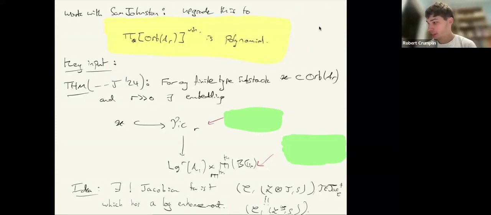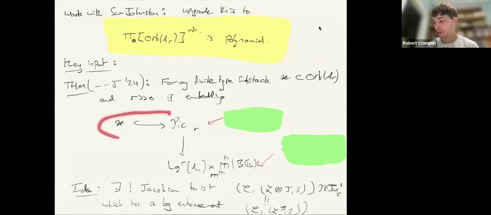But one of the key inputs to this is that this moduli space we're interested in, think of X here as the space of maps we're trying to understand, actually embeds into something which looks smooth. So in a way we can describe it by explicit equations inside of a smooth space.